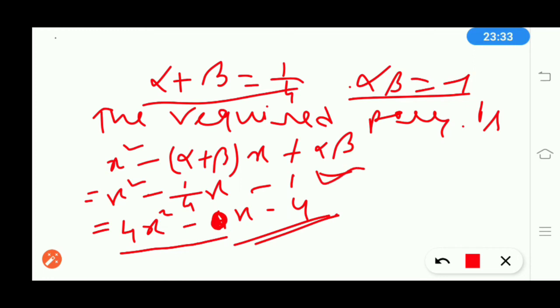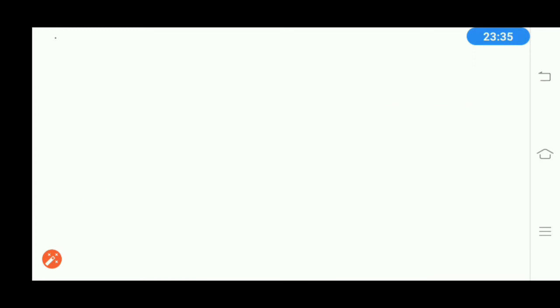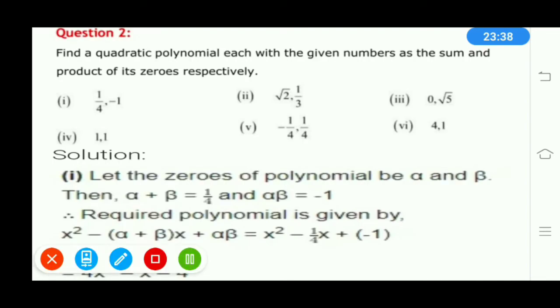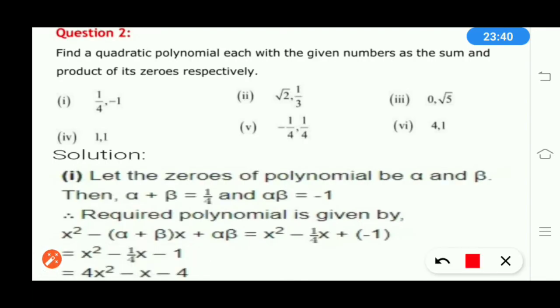Clear? Now see question number 2. Question number 2 is: find a quadratic polynomial, each with the given numbers as the sum and product of the zeros respectively. So first one is sum, second one is product. So here alpha plus beta equals 1 by 4 and alpha beta equals -1.